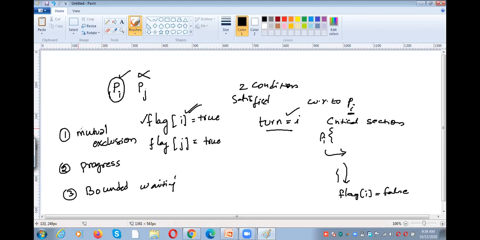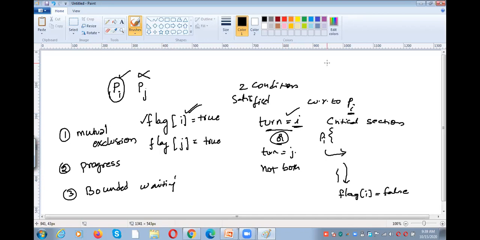Mutual exclusion means only one process at a time is allowed to enter into the critical section. Here, either PI or PJ. Only one process is allowed to enter. Why? Because either the turn is I or the turn is J, not both. Right?